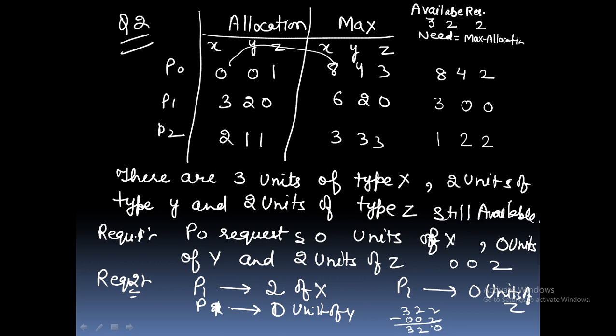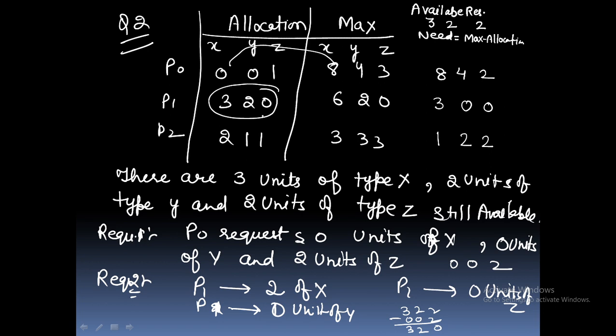First of all, you can check whose need you can fulfill. You can fulfill the need of 320, process P1. First of all, you fulfill this.